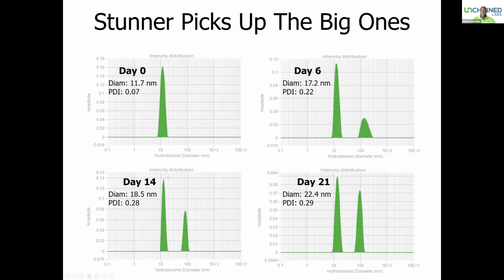By day 14 or 2 weeks later, we have gotten nearly twice the size of our samples, and the PDI itself again continues to increase, and we see a slight increase in the second peak there. And after 21 days or 3 weeks, we can see that we have doubled in size. Our PDI also has gone up a little bit, but look at the size of your secondary peak there, indicating that you have a greater proportion of your sample which is now aggregated, okay?